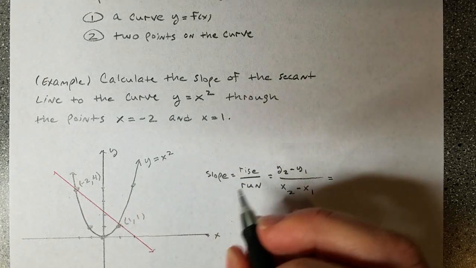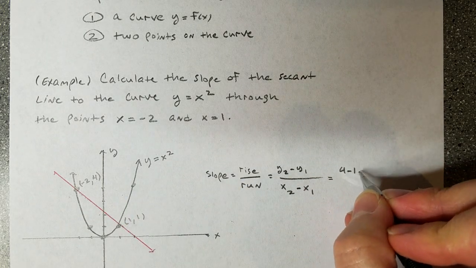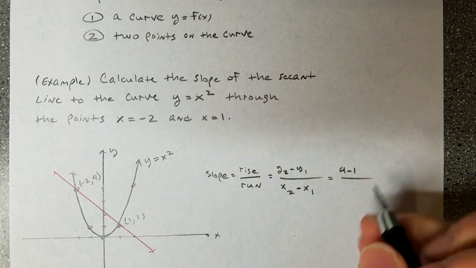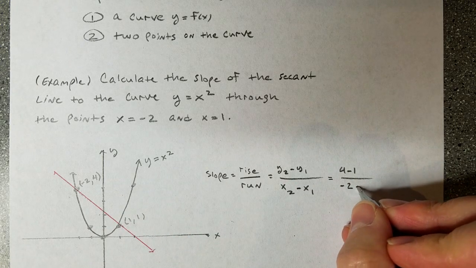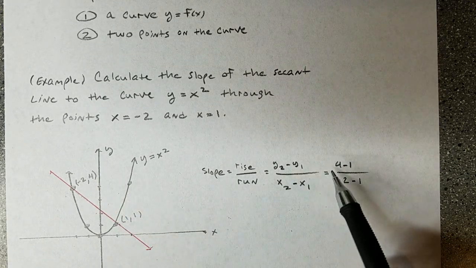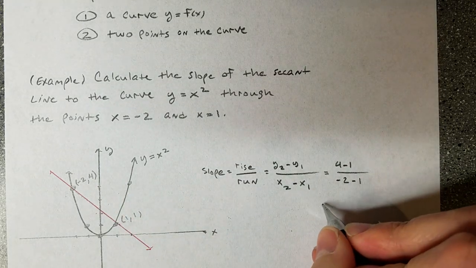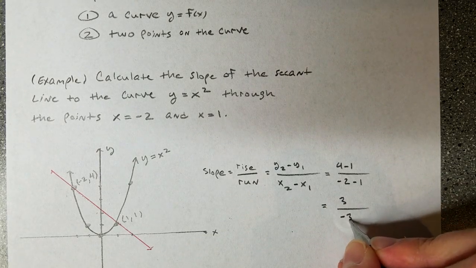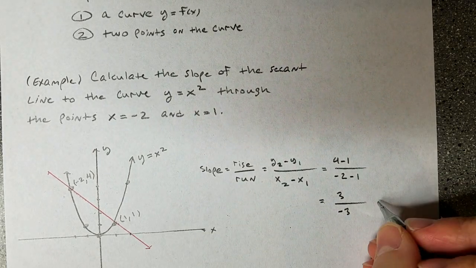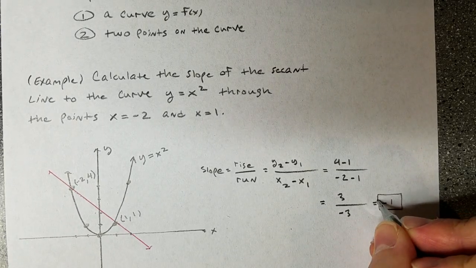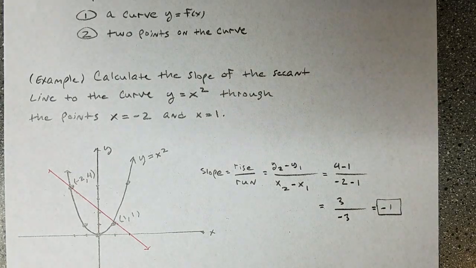So I'll say 4 minus 1, that's the rise, over -2 minus 1. Those are the numbers for the formula. We get 3 on top, and -3 on the bottom. And so the slope of that line there in red, the secant line, is going to be -1.